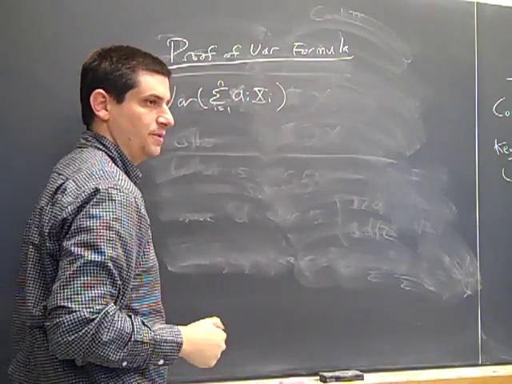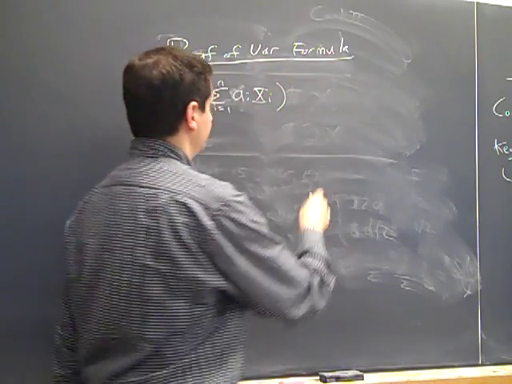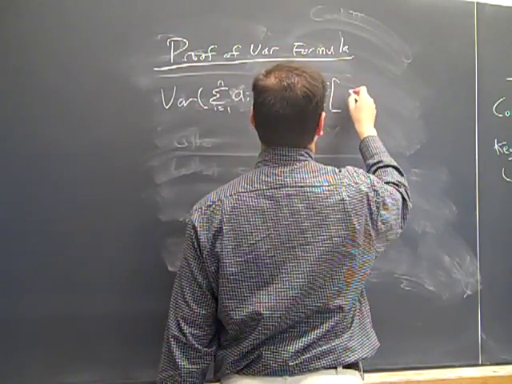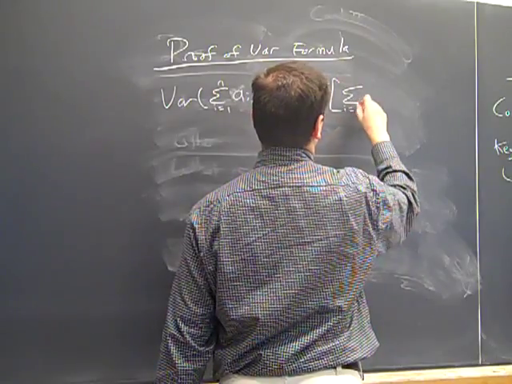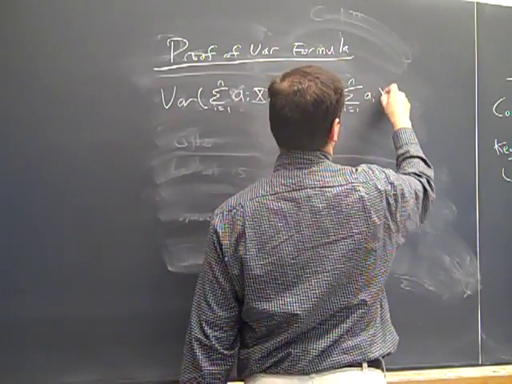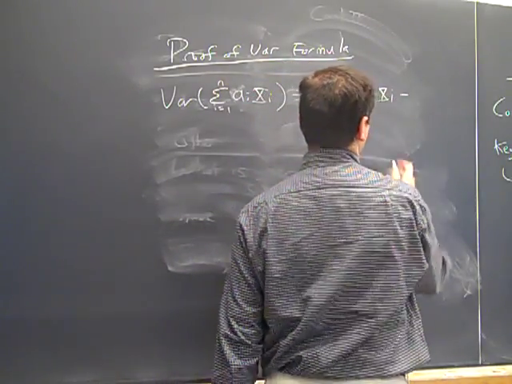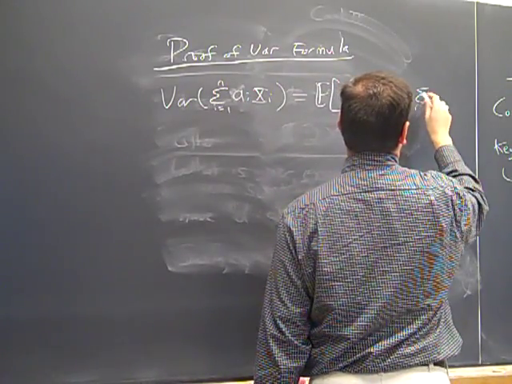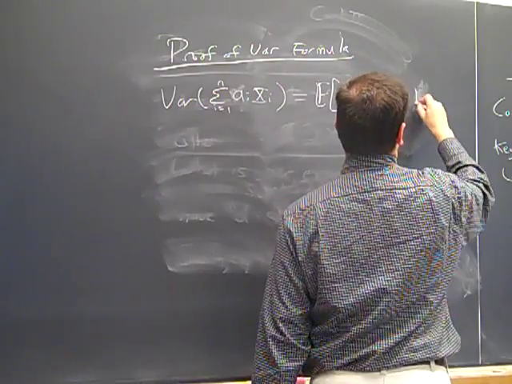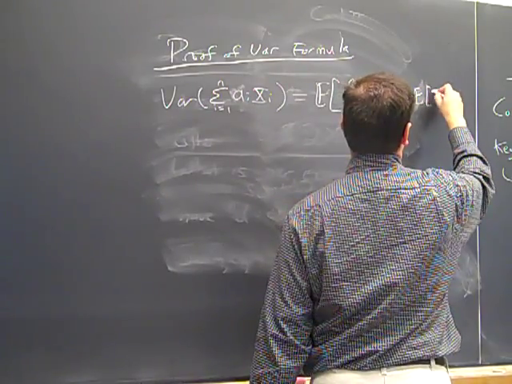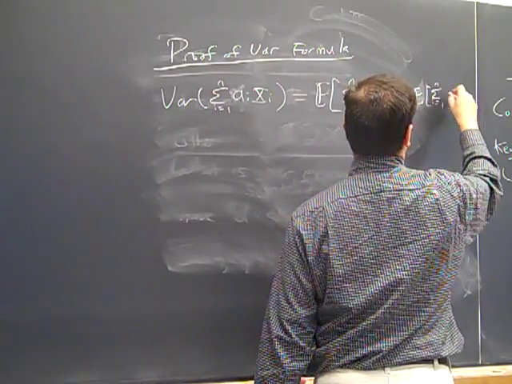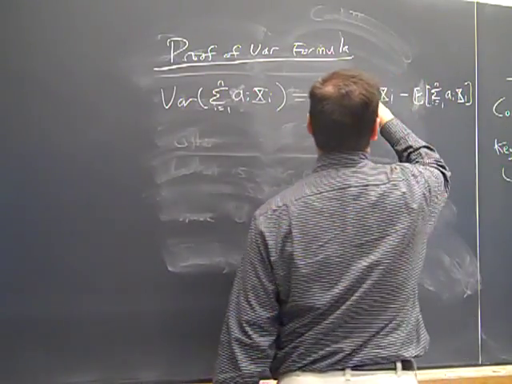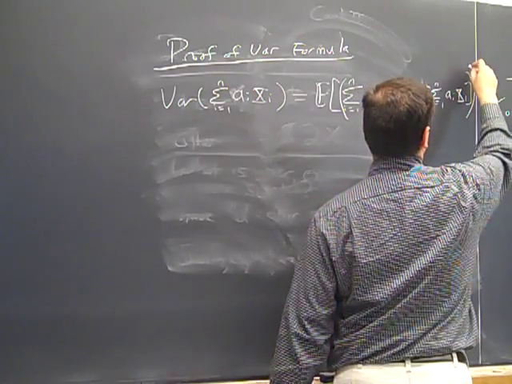How would we calculate this? This is the expected value of the sum, i goes from 1 to n, of ai xi, minus the expected value of the sum, i goes from 1 to n, of ai xi, squared.